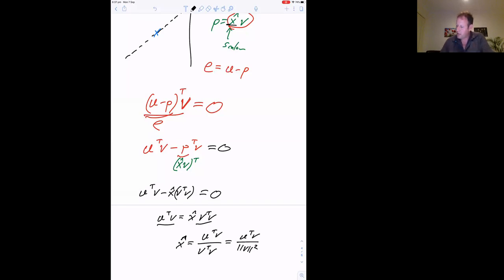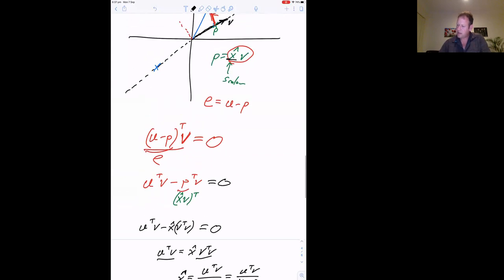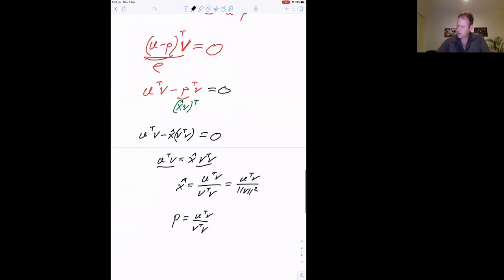So the projection then is U transpose V divided by V transpose V times V. This thing I'm highlighting now, that's again our X hat.